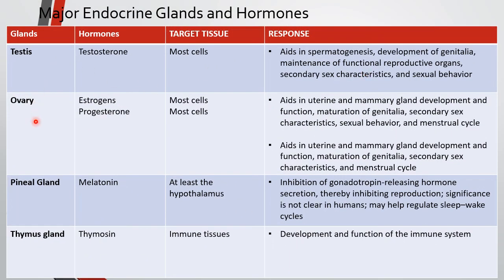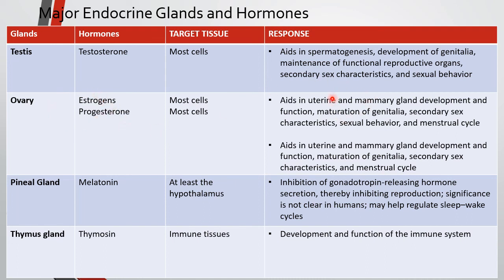Okay, for our reproductive glands, yung testis for the male would have to release testosterone, and this will be responsible for the spermatogenesis, development of the male genitalia, the maintenance of the functions of your reproductive organs, the secondary sex characteristics, and the sexual behavior. Kung ovary, syempre, ito yung ating hormones, mga females, estrogen and progesterone.